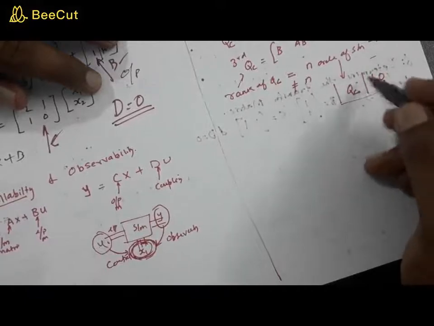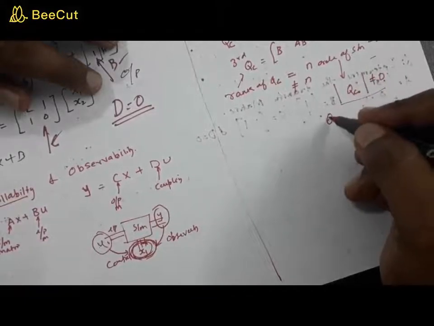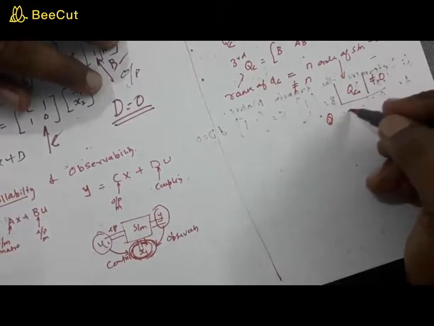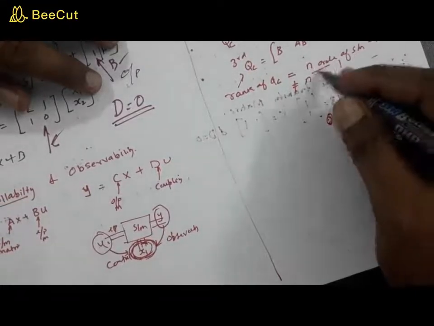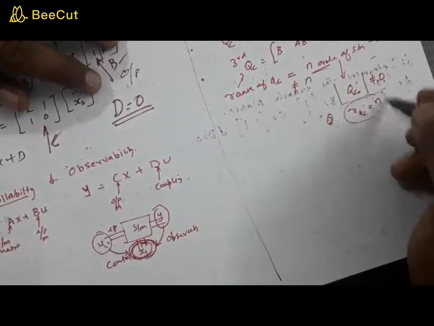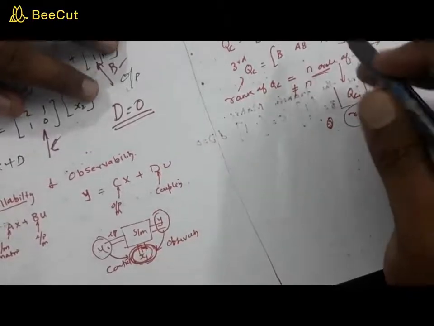If the determinant of QC is not equal to 0, then the rank of this matrix QC will always be equal to the order. And if this is satisfied, then that system is controllable.